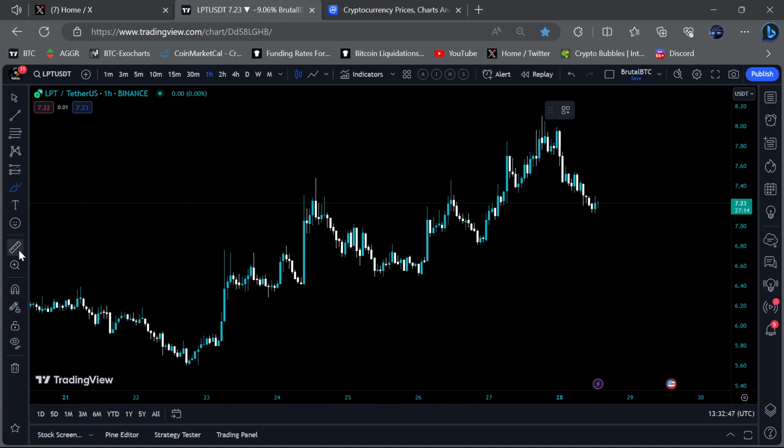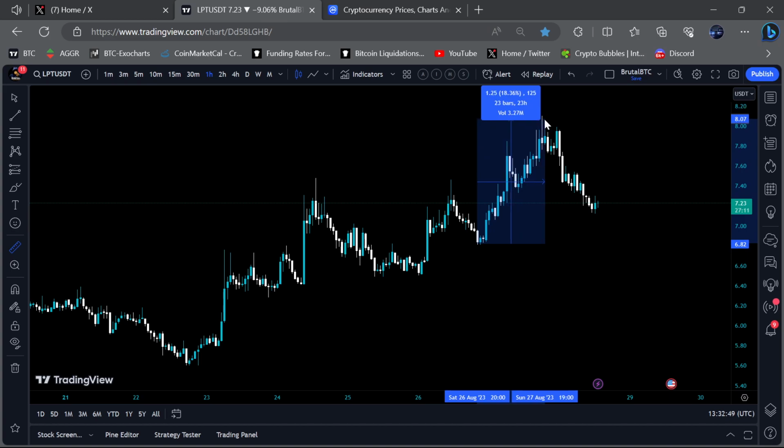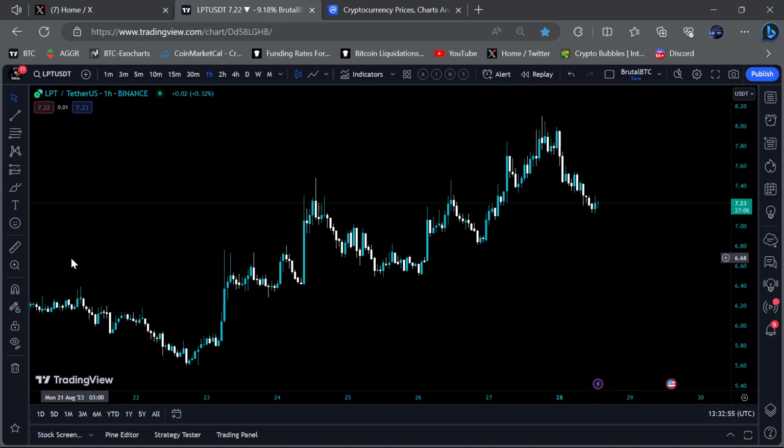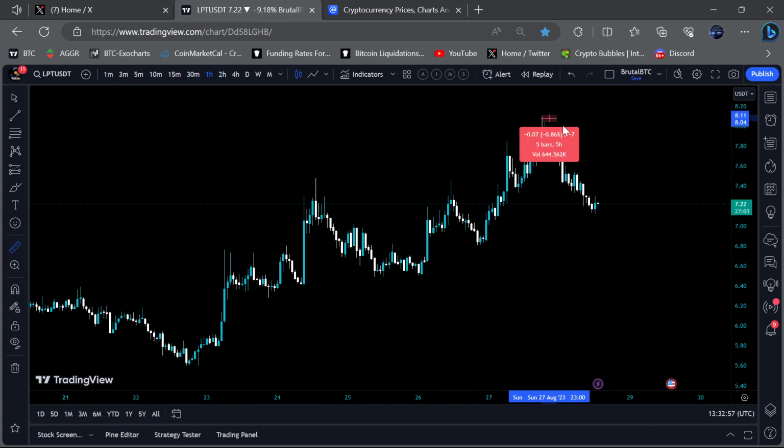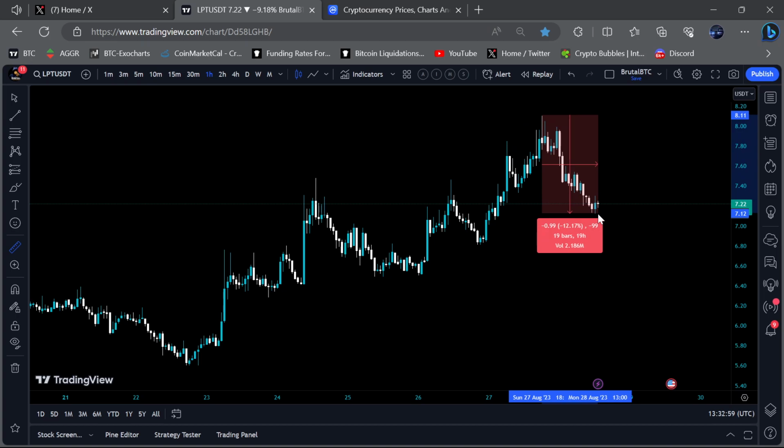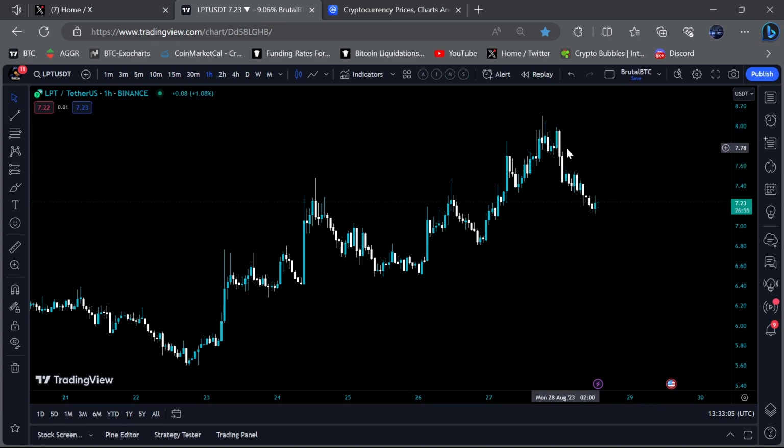The coin is giving you 18%, 19% gains in 24 hours. This can also take away your 19% gains in less than 24 hours. Like this is a 12% downside in like 12 hours. So these are highly volatile markets.